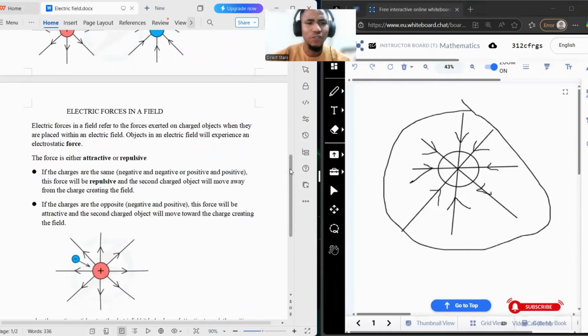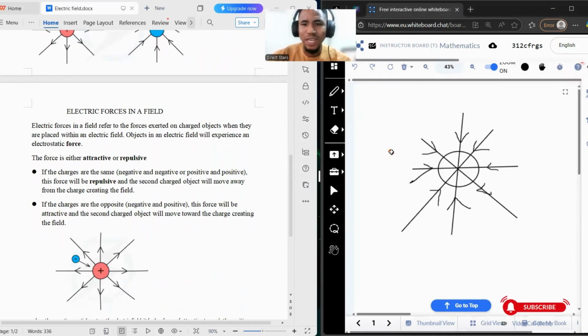So we go to electric force in a field. What are the forces in this electric field? Electric force can be defined as the force exerted on charged objects when they are placed within an electric field. Those forces exerted on this charged object are what we call electric force.